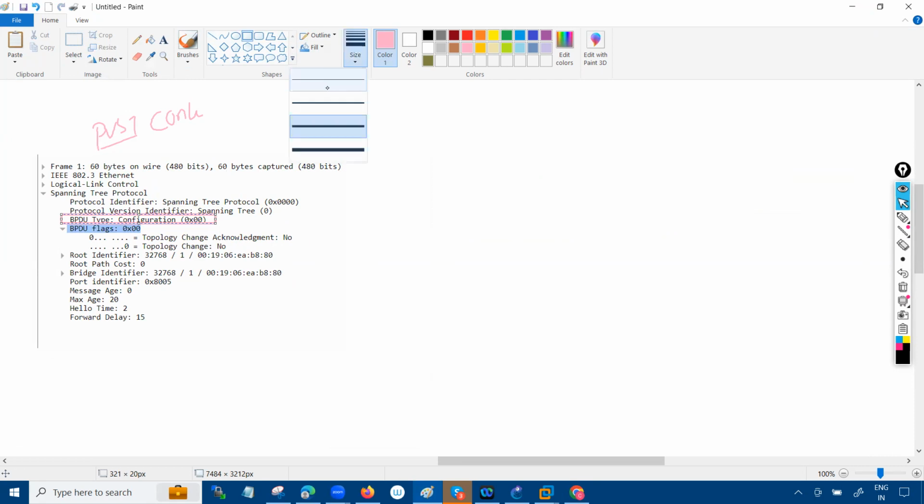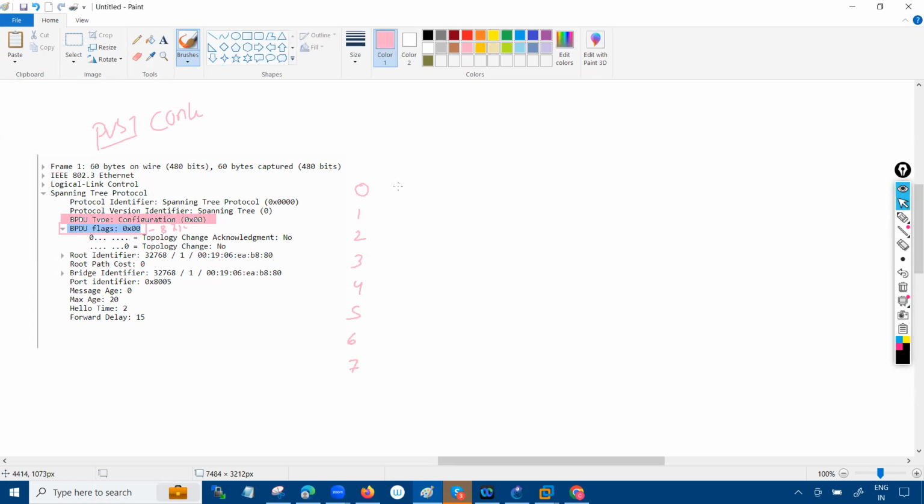The size of this flag is 8 bits. In these 8 bits, we have 0, 1, 2, 3, 4, 5, 6, 7, total 8.